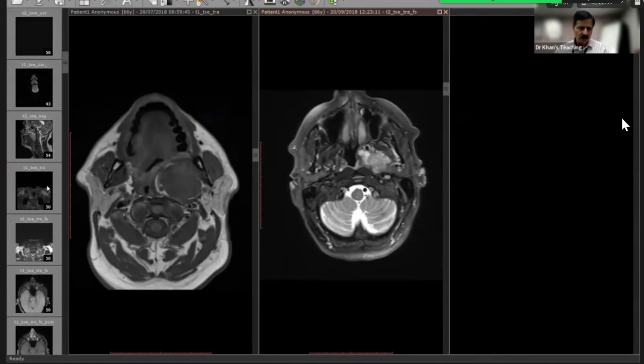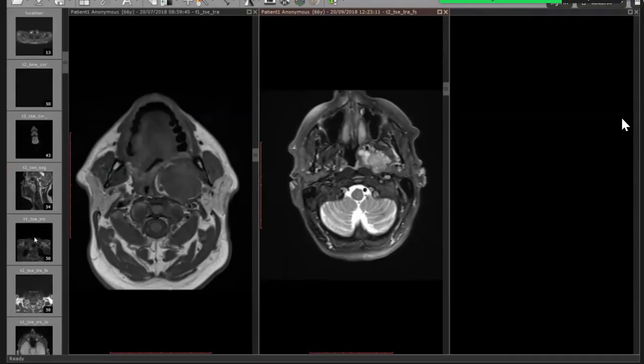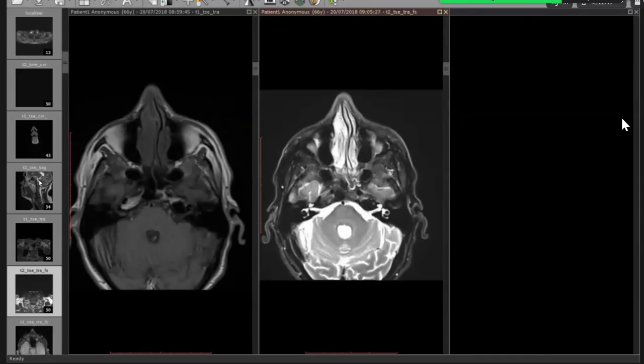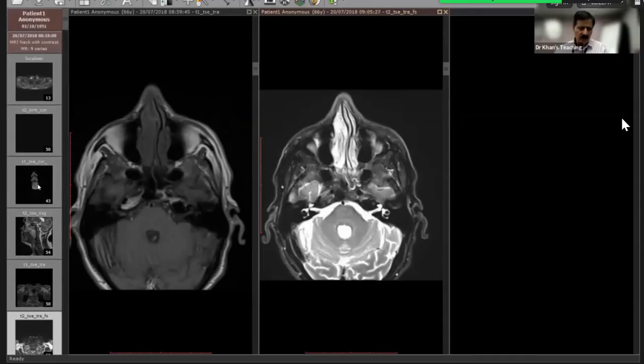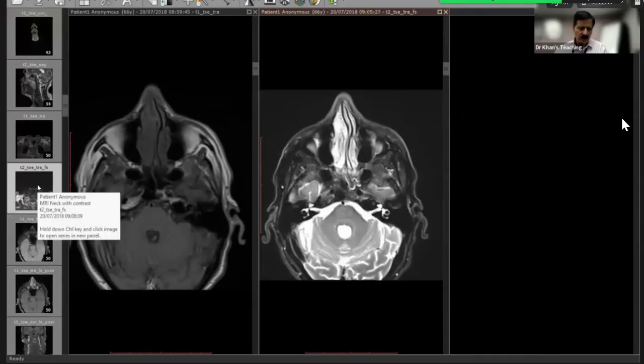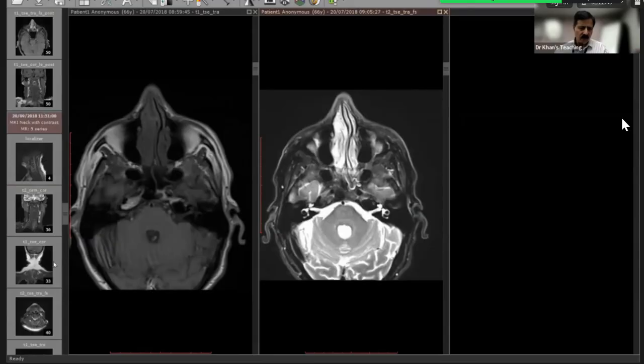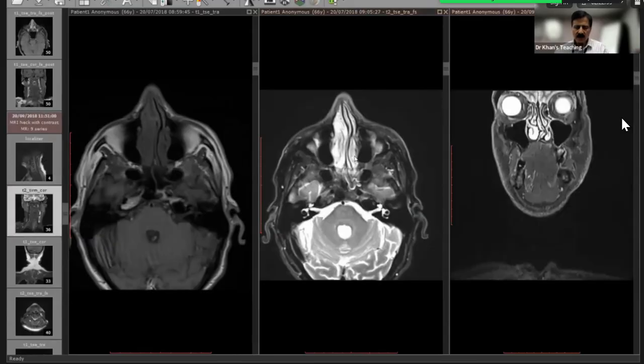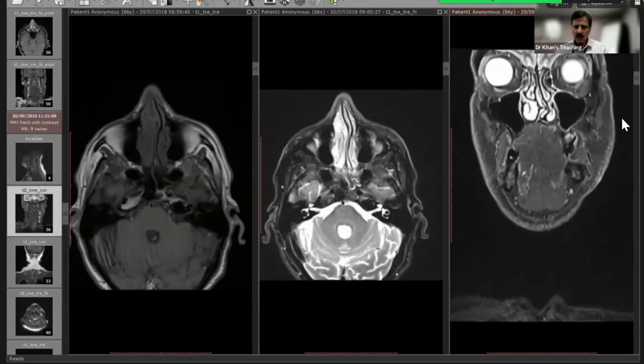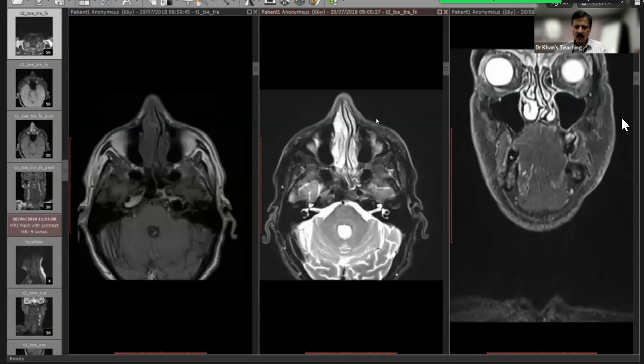Let me give you this one, and then I will give you a coronal. So this is a STIR axial, STIR coronal, and let me slightly blow it up. Over to you.